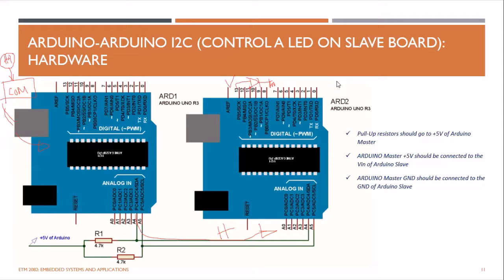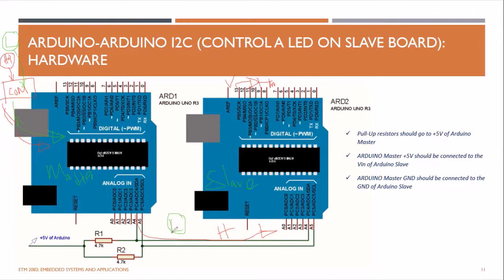And if I type capital L and send it from the serial port to this Arduino board, it will send the L from the master. This guy is the master, and this guy is a slave.